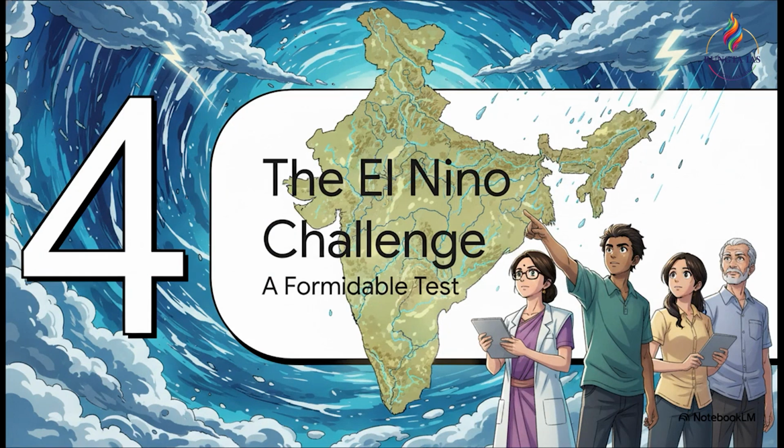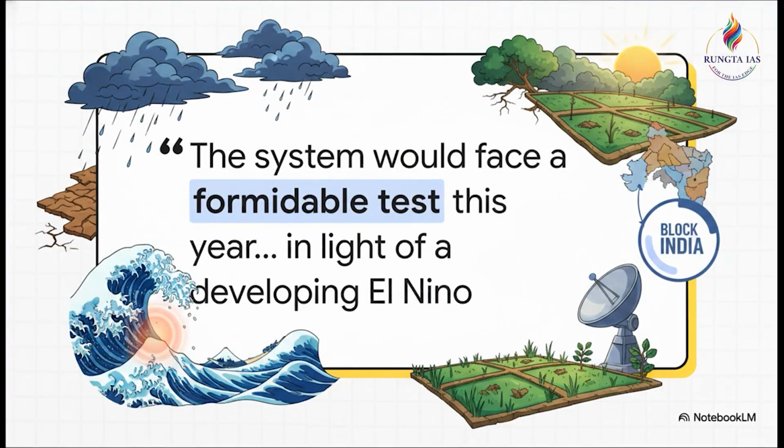But let's look at Section 4, the El Niño challenge. We now enter the critical analysis portion. No UPSC answer is complete without critically examining the hurdles, and this year, the system faces a massive one. Let's analyze the sobering insight from the Secretary of the Ministry of Earth Sciences. He states the system faces a formidable test due to expected below-normal rainfall caused by a developing El Niño.